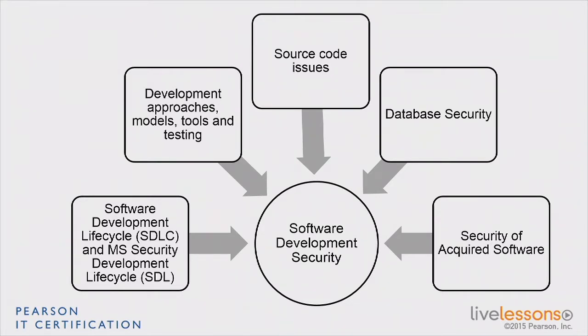In the next lesson, we looked at database security, and we approached database security from the perspective of confidentiality, integrity, availability, and privacy. And lastly, we looked at the security of acquired software, and we did a walkthrough of the process of acquiring software, which also allowed us to revisit requirements definitions, doing risk assessments, looking at risk management, testing, user training, and then ongoing support and maintenance.